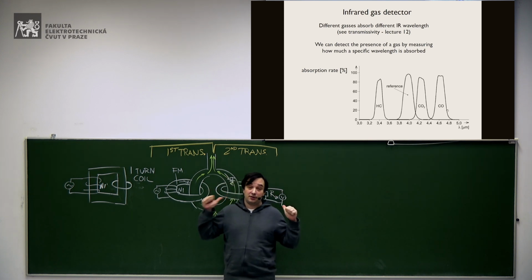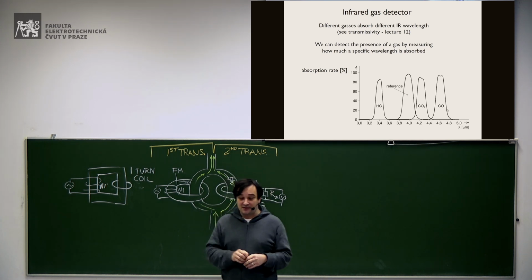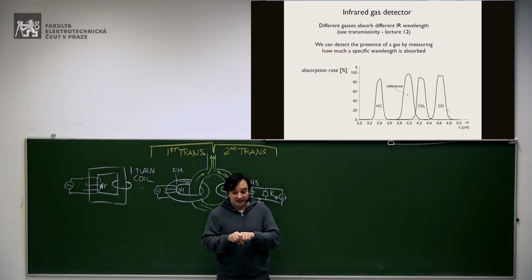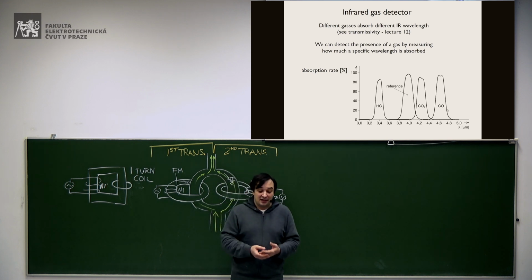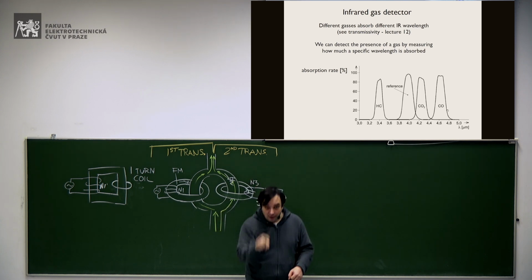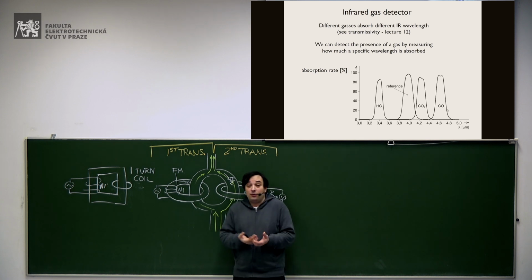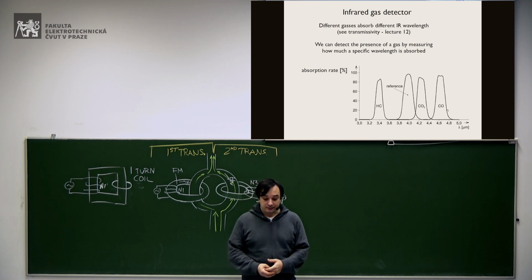If you go to the PDF of the lecture we had last week and look at the spectrum of the transmissivity, you find it's exactly the opposite of this one. In that case we were plotting the transmissivity, which is the opposite of the absorption. At 4.3 micrometers, you have a huge decrease of the transmissivity because at that point the CO2 is absorbing the energy, so it cannot be transmitted through the medium.